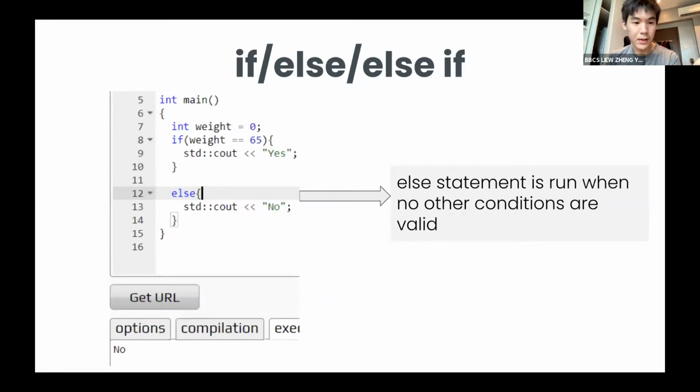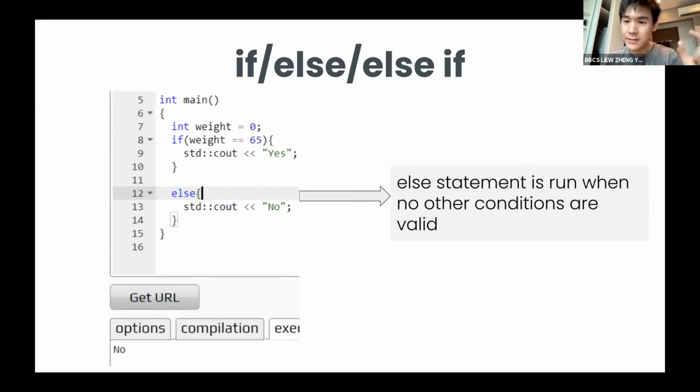So for example, if we change originally the variable declaration to 0, so we assign 0 to the variable of weight instead of 65, we now know that weight is 0, is not 65. So in this case, because the compiler will run through the function, it sees that the weight is not 65.